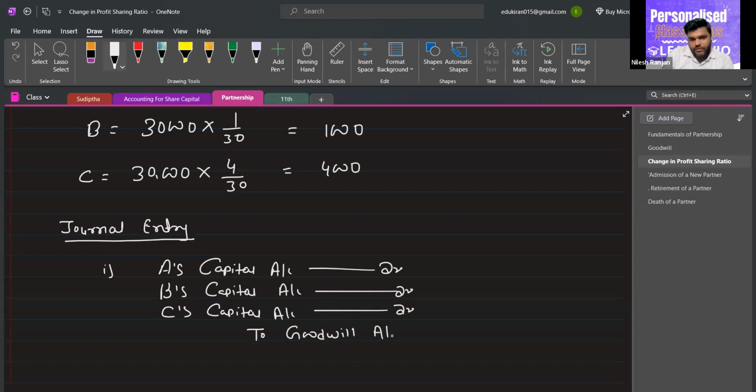This is the existing goodwill, so 12,000: 6,000 for A, 3,600 for B, and 2,400 for C.